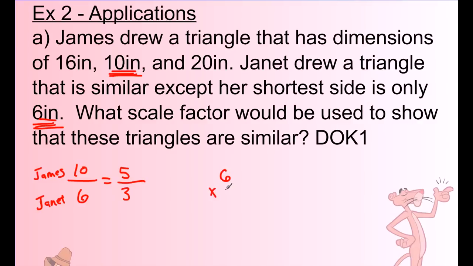So 6 times 5/3 would give me 10. Okay? If you take the other two sides of Janet's triangle and multiply by 5/3, you'd get the 16 and the 20. Because the shapes are similar, they all have a similar scale factor. So a scale factor is nothing more than a ratio comparing the two figures.